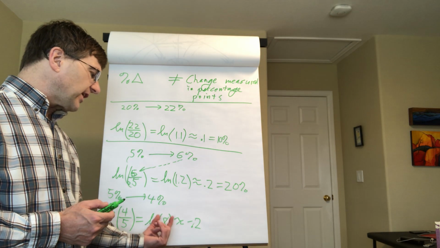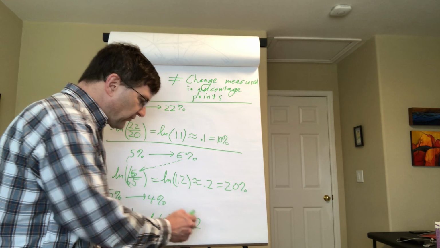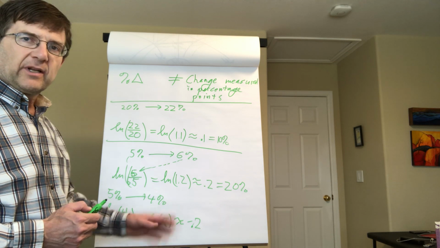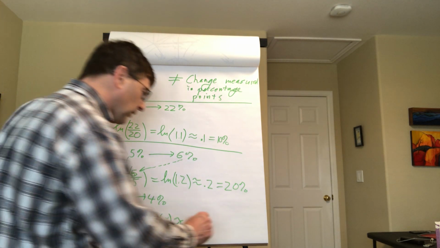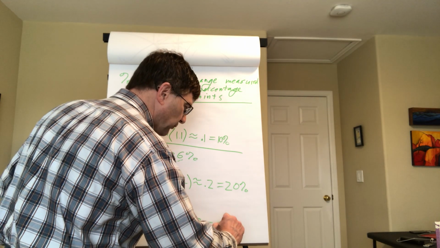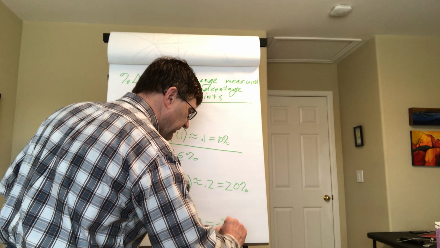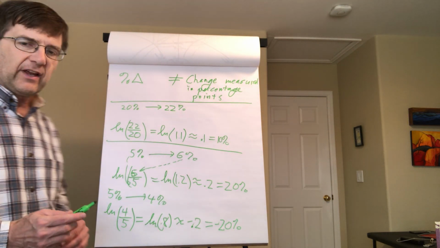What's the percentage change of the ratio away from 1? And that percentage change is approximately just that number minus 1. Of course it's only approximate to be equal to minus 0.2, but minus 0.2 is exactly the same thing as minus 20%.